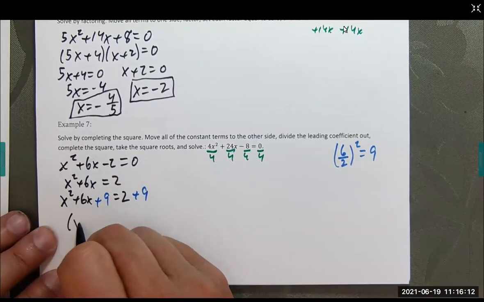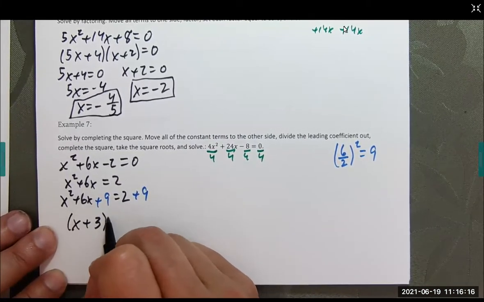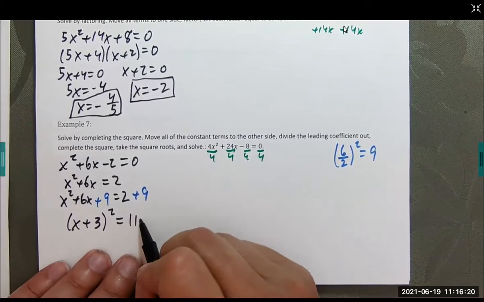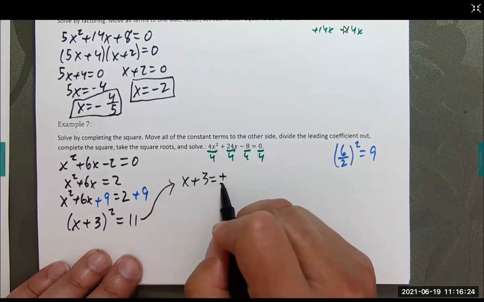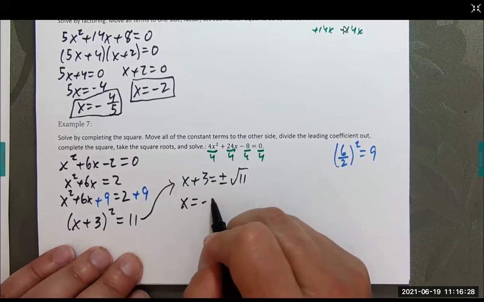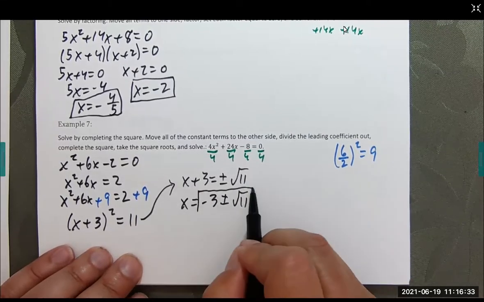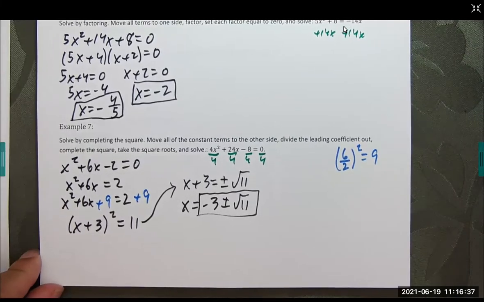Remember, it is always the square root of that and half of that, 3 in this case. Now I'm going to do the square root to both sides. And subtract the 3. There you have it. All right, we are getting there.